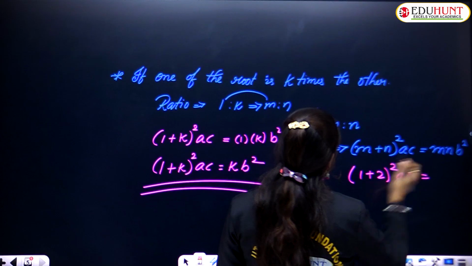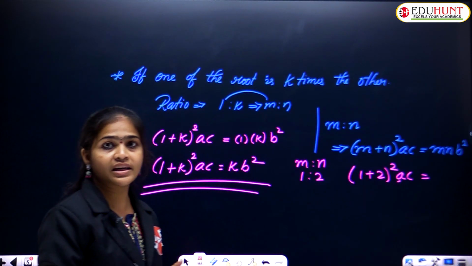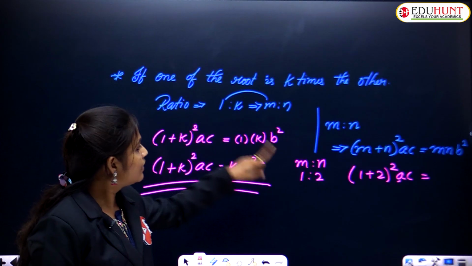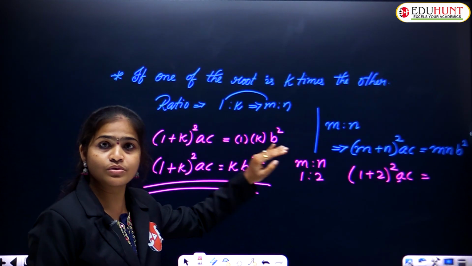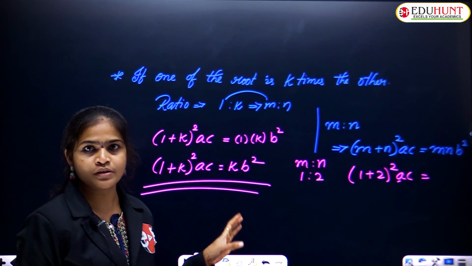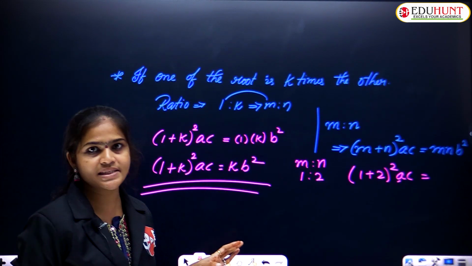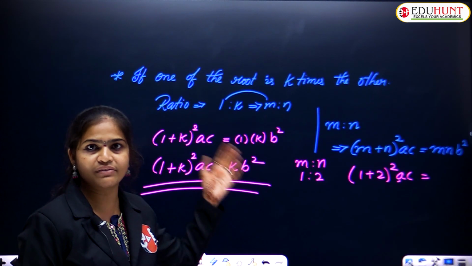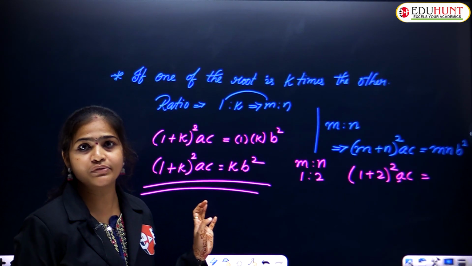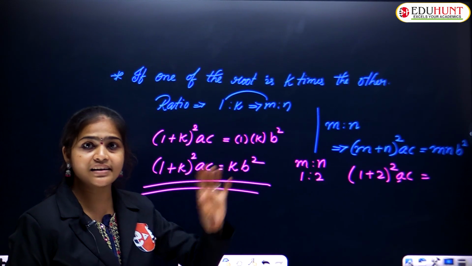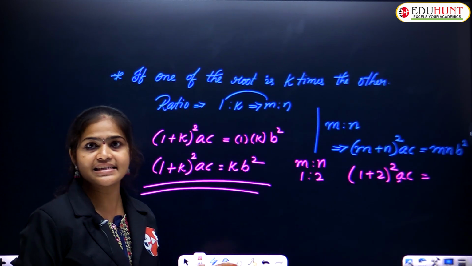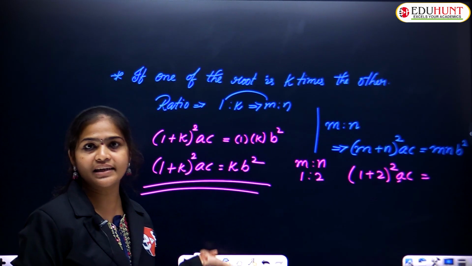If the roots' ratio is given, they must give the quadratic equation, so we can easily find the a, b, c values from the given quadratic equation. When they do not give the quadratic equation, but directly give the roots, then we have to find that equation.